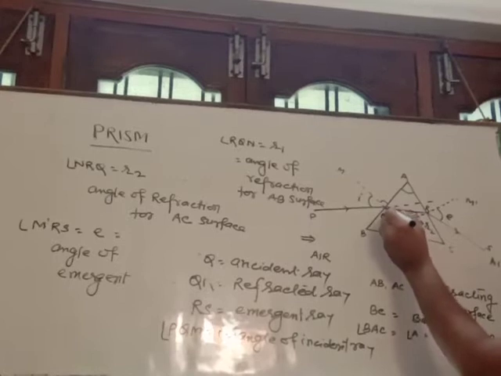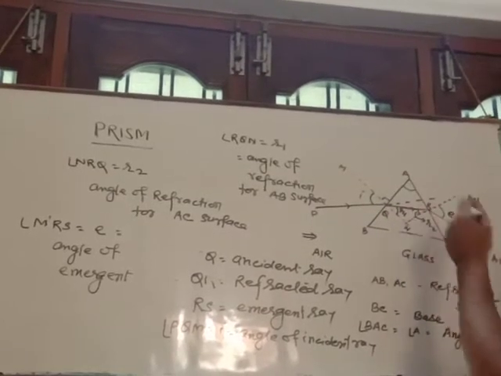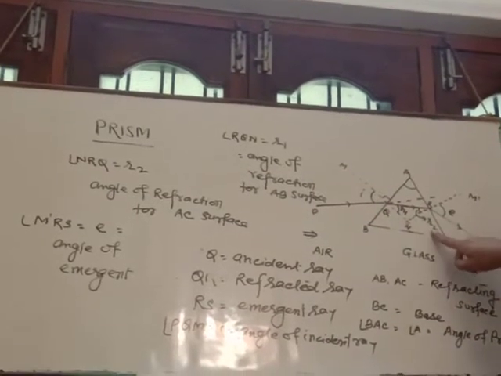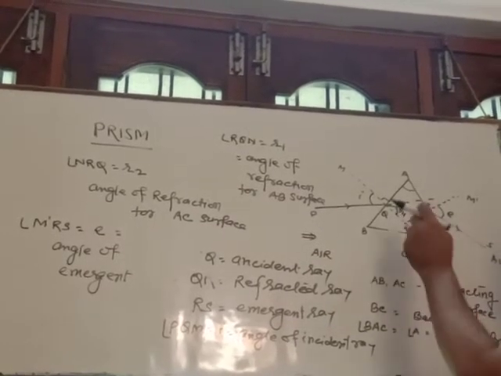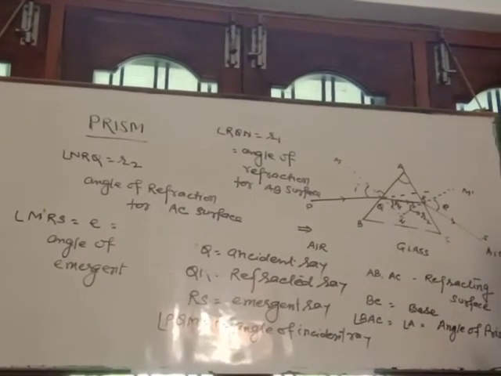The angle between the refracted ray QR and the normal is the second angle of refraction, R2. And angle BAC is called the angle of prism.